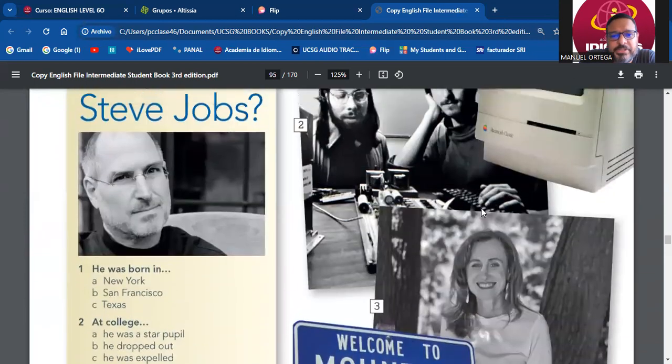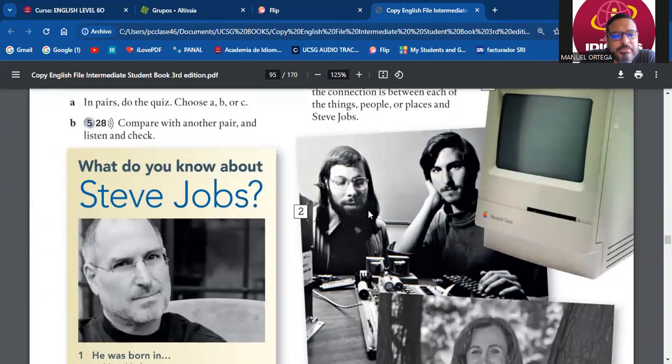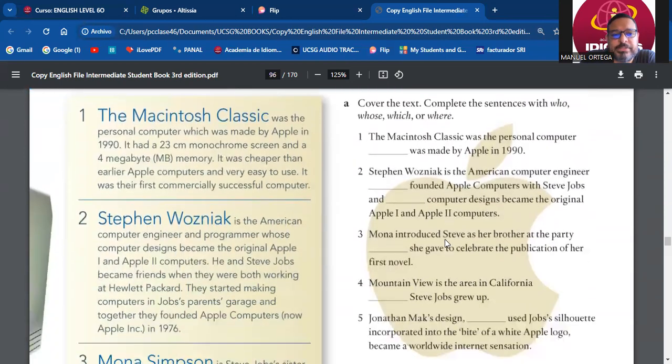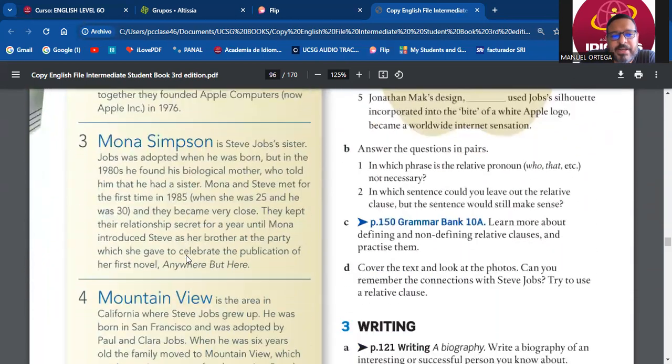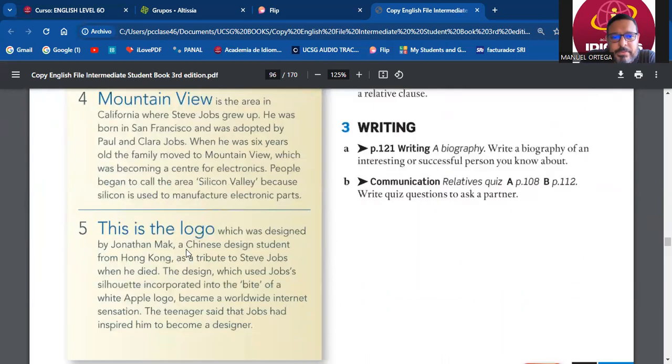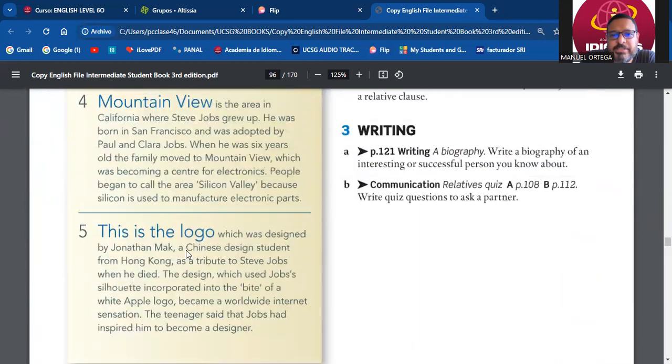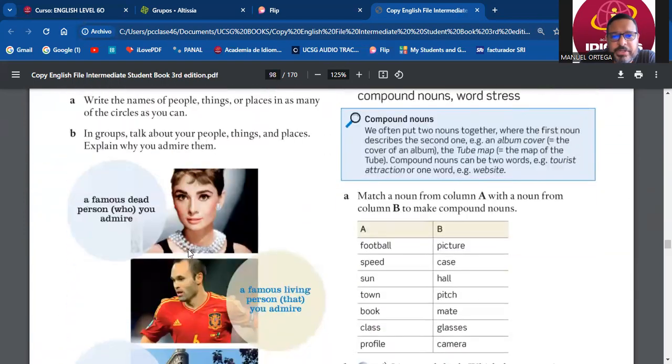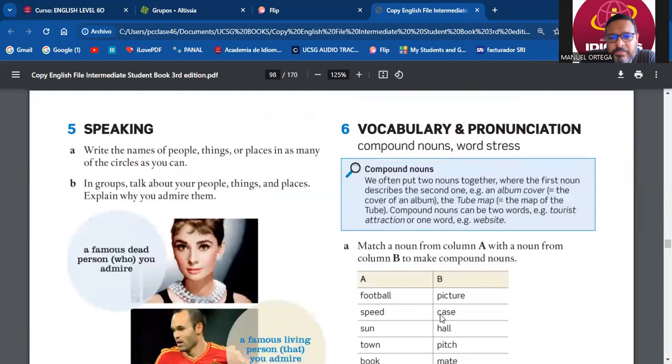The numbers you see next to the pictures, 1, 2, 3, 4, and 5, all related to Apple, are specified here. So let's see what we've got through the unit.